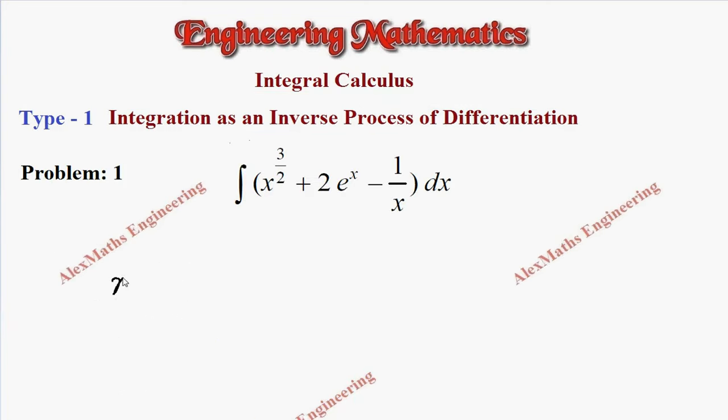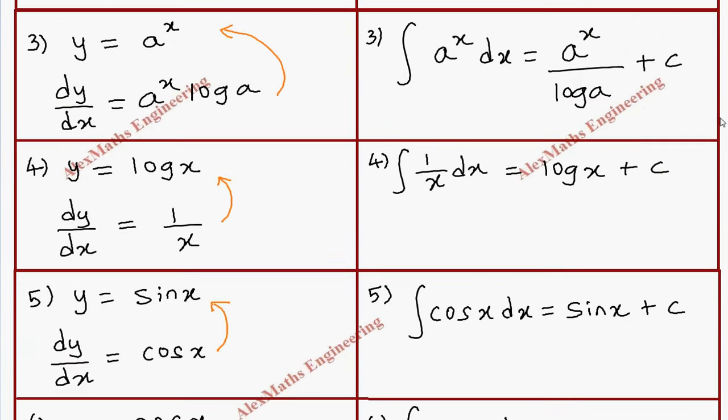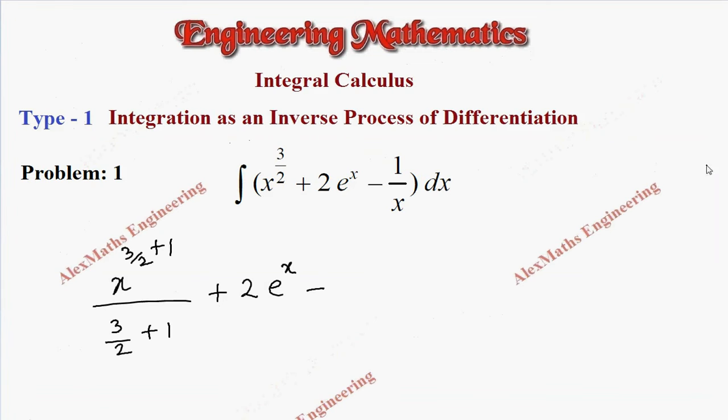So it will become x power 3 by 2 plus 1 divided by 3 by 2 plus 1. Then second term, e power x integration is e power x only, then minus integration of 1 by x is log x, and finally there will be a constant c.